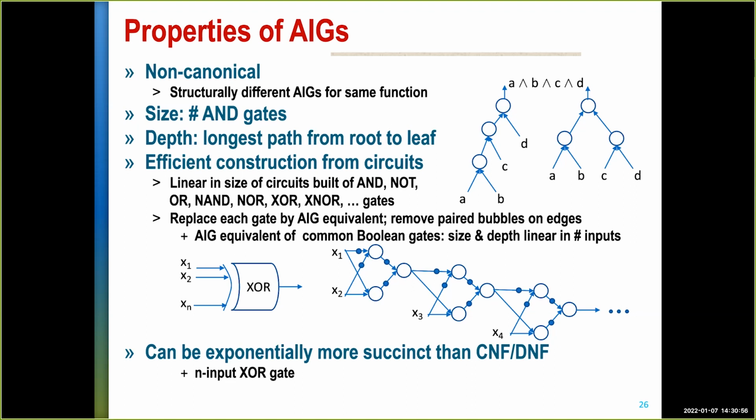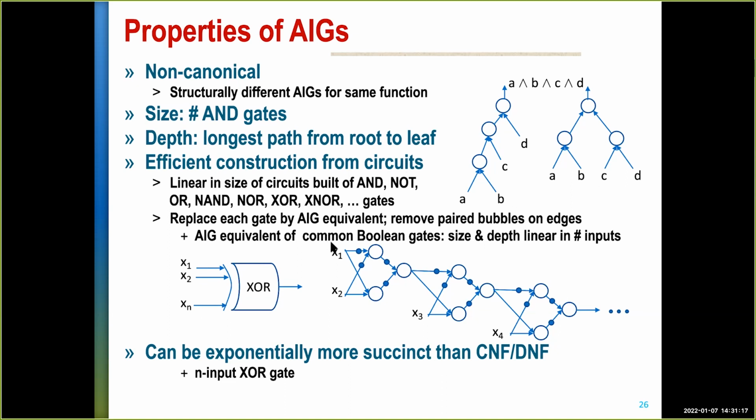And it turns out that although these are non-canonical, if you want to build pretty much any of the Boolean operators you can think of, you can efficiently build such circuits. So, for example, here is an n-input XOR that I want to build.